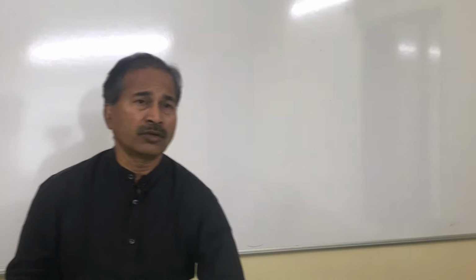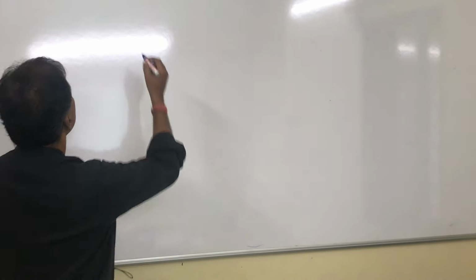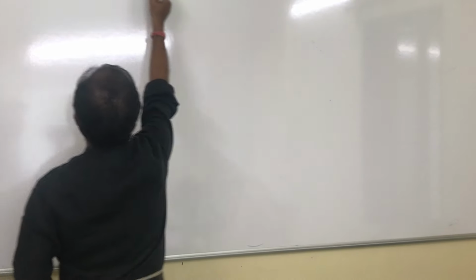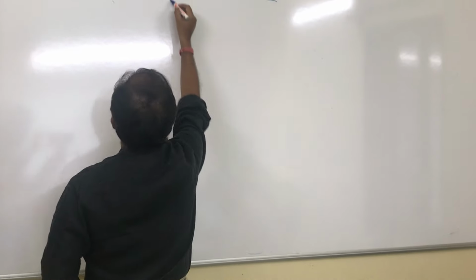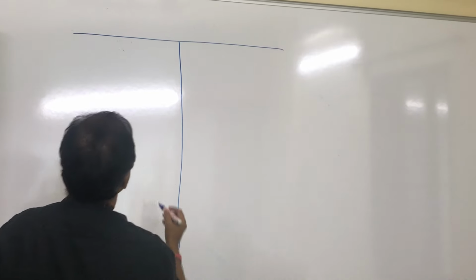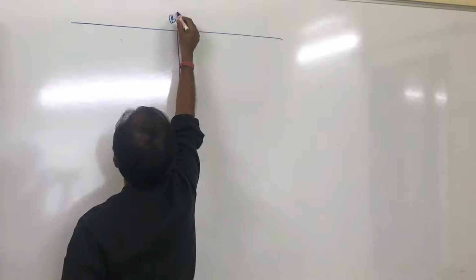So let's begin with the balance sheet. How does the balance sheet start for any business? The balance sheet of any business will start in this format. So this is the balance sheet.